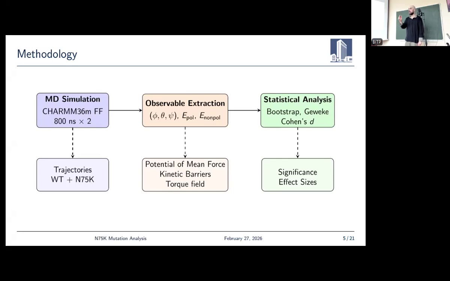We chose the longest, and the tilt angle is the tilt of this axis to the membrane normal vector.